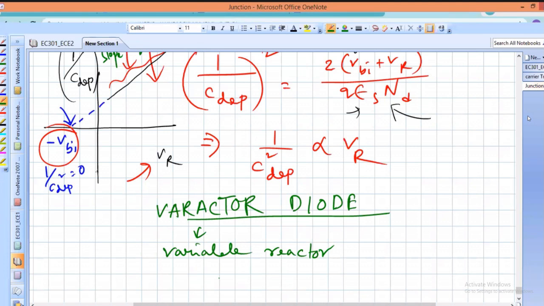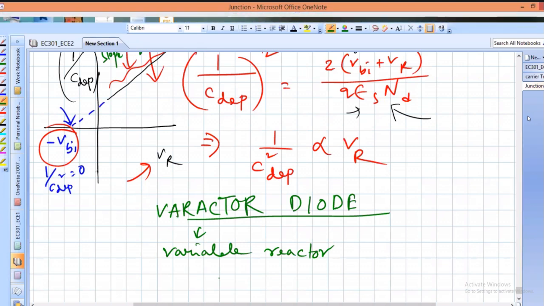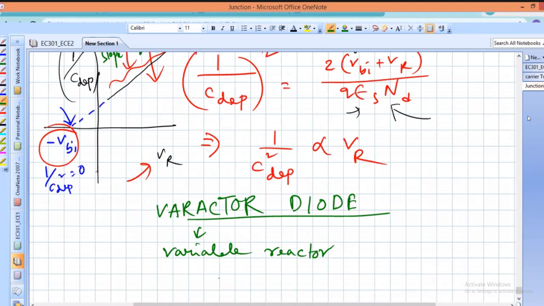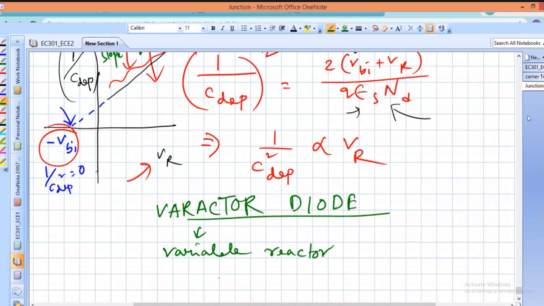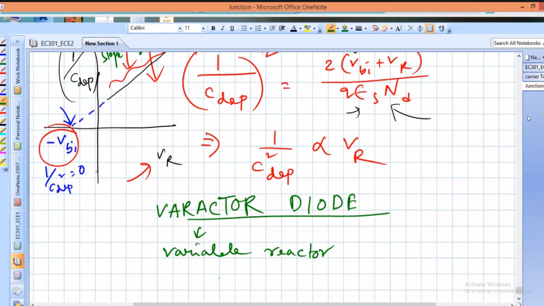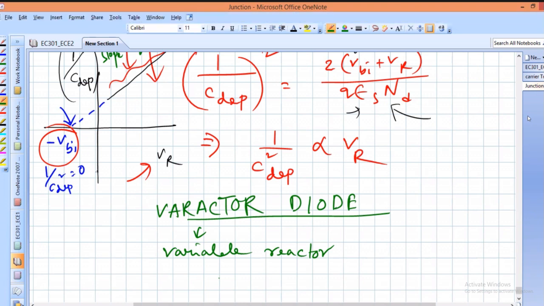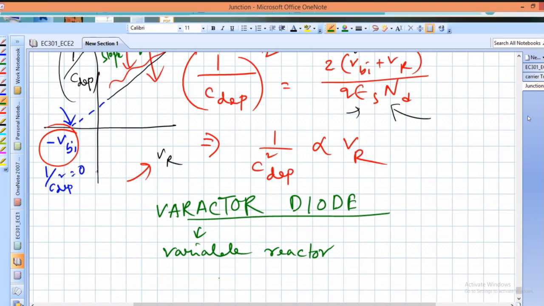So varactor diode is a special type of diode whose capacitance can be varied in a controlled manner with bias voltage. Varactor diodes are widely used for mixing, for detection, for harmonic generation, or voltage variable tuning.